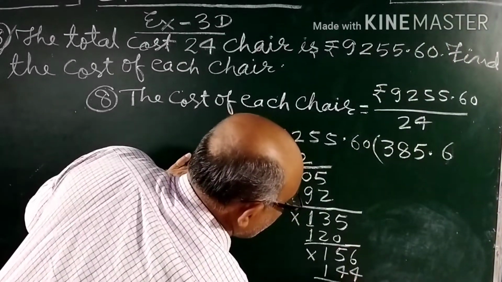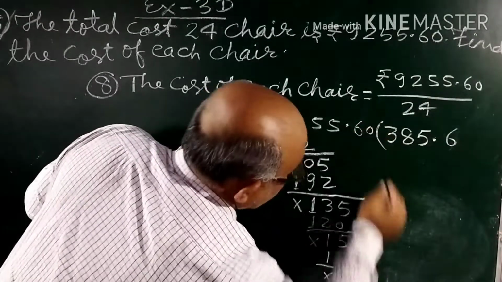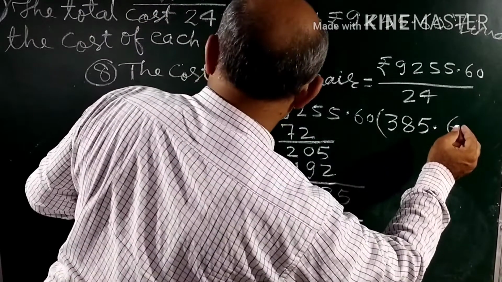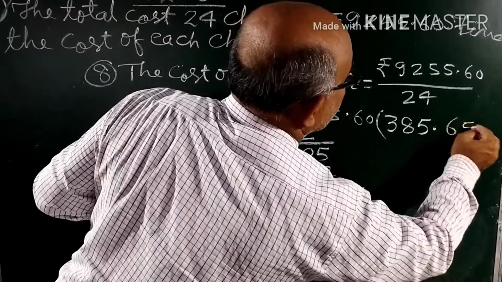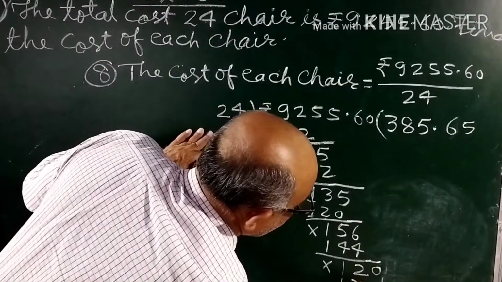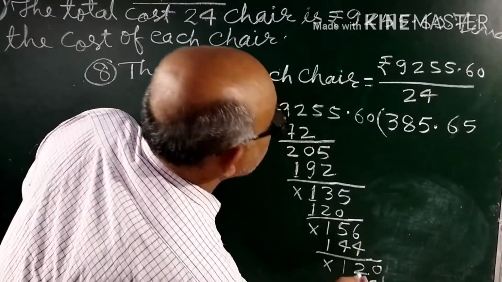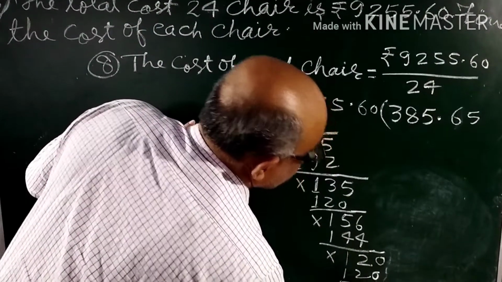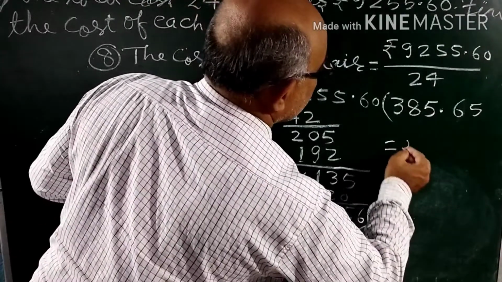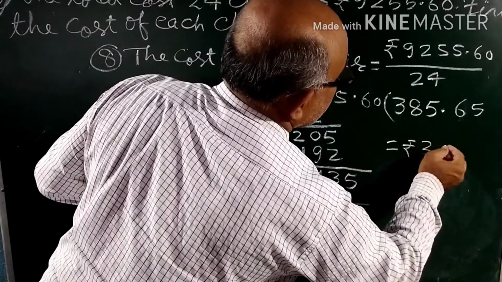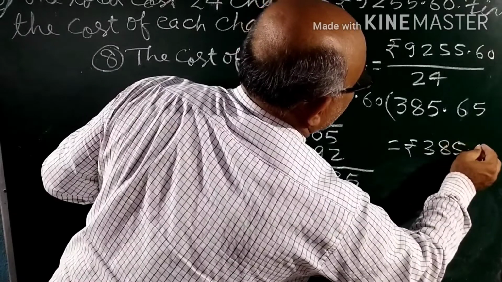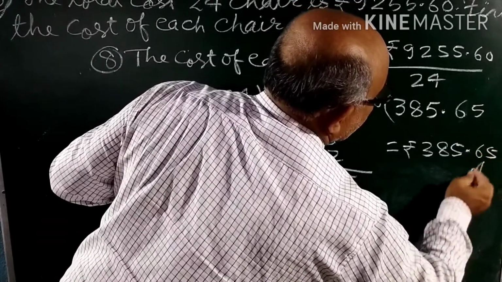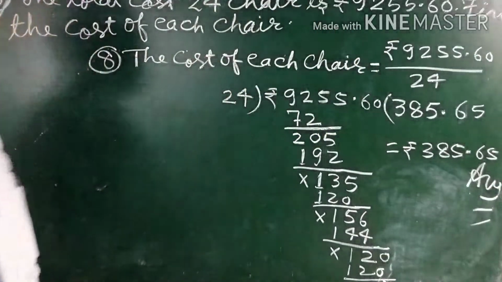Now cancel, come here 0. So 24 fives are 120. So cancel it. Answer: rupees 385.65. Answer of this question.